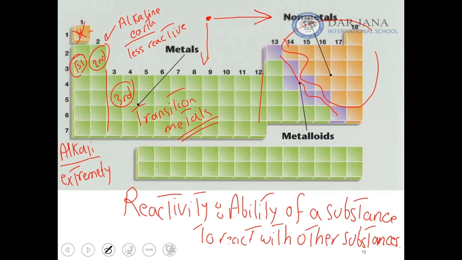So if you go from group number 1, 2 to 12, the reactivity decreases. If you take an element of group 10, it will be less reactive than an element of group 3. An element of group 3 will be less reactive than an element of group 1, and so on.